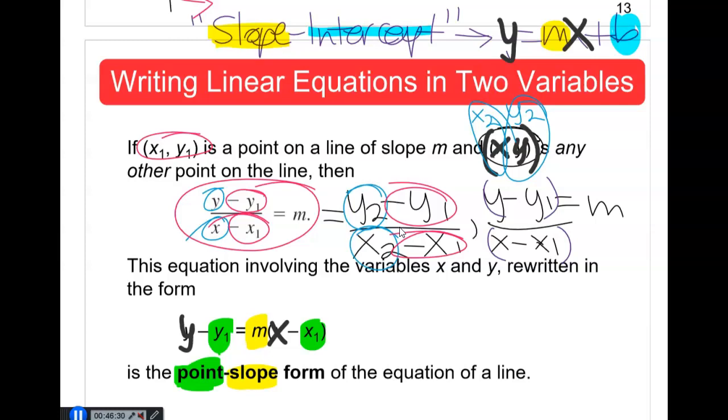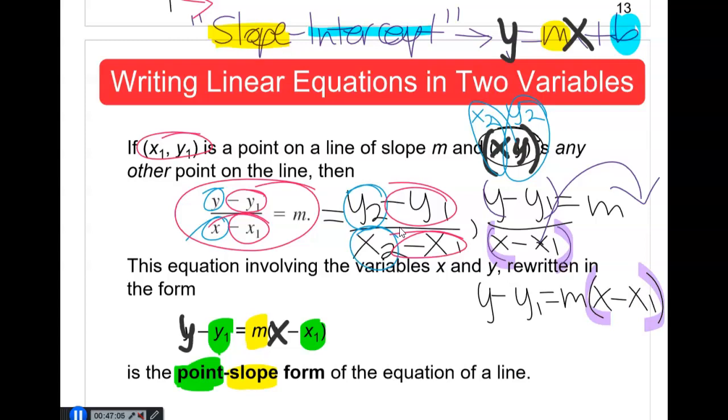So what I'm going to do is take the denominator across the equal sign, and it's going to change the operation to its inverse operation. So from division, it's going to be multiplication. So then it will look like this. y minus y sub 1 will be equal to m, and we go from division to multiplication of that same denominator. So this will be x minus x sub 1.